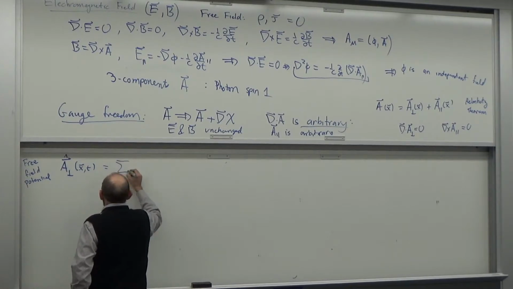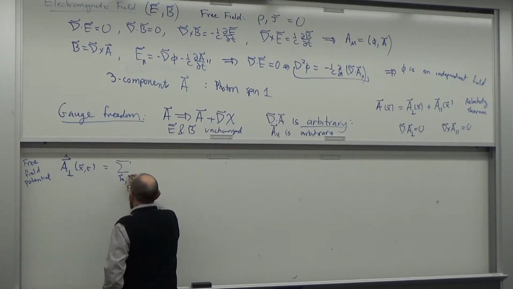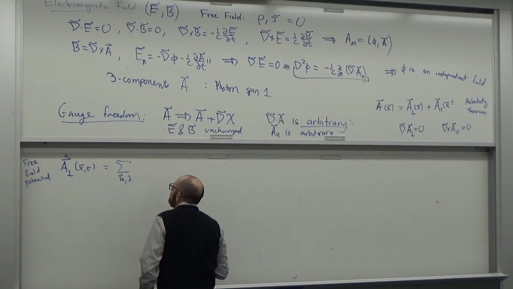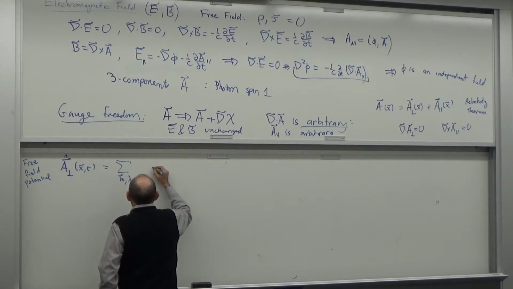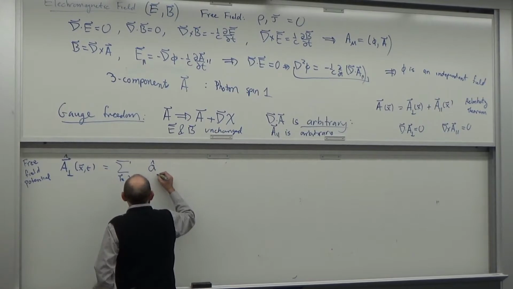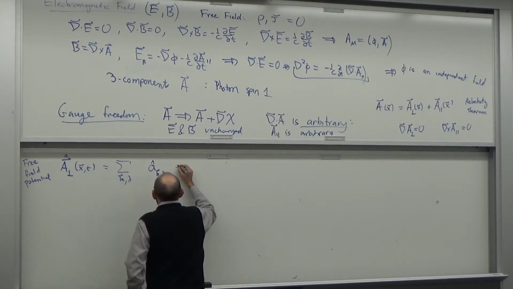I have a sum over all the modes, which are labeled by their wave vector and their polarization state. I'm going to leave a space for the characteristic units. For every mode, I have an a and an a dagger.